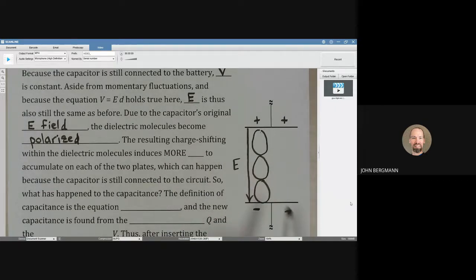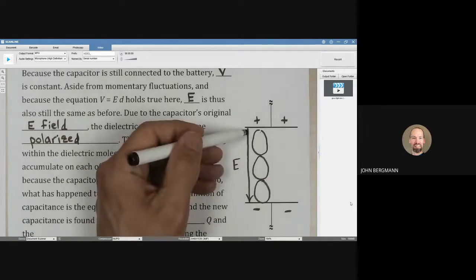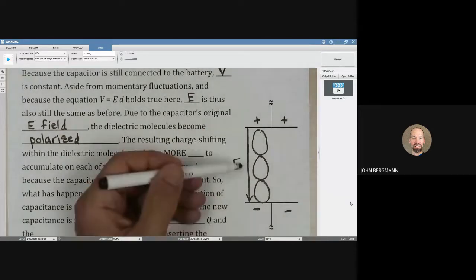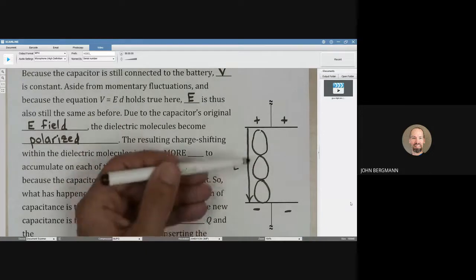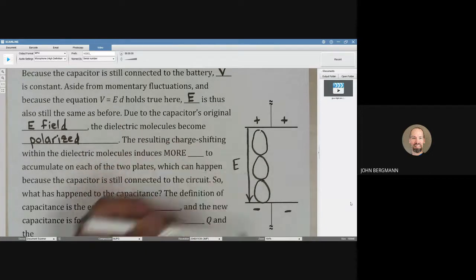But that's a dielectric molecule, and you remember that a dielectric is an insulator. Because it's an insulator, the electrons in each molecule can't leave the molecule, but they can shift to a different position. Based on this electric field, positive charges would tend to go with the field. Well, the protons in here can't really move too much.